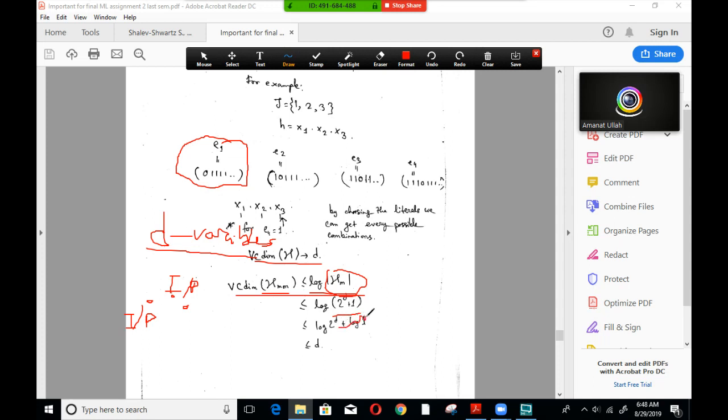We ignore the plus 1, so that will give us d log 2, and we can just ignore the log 2, so it is equal to d. But I think I prefer this one as it's easier and will take much less time.